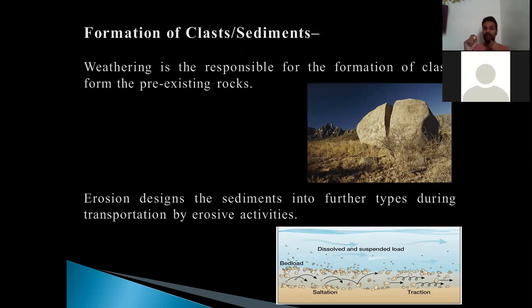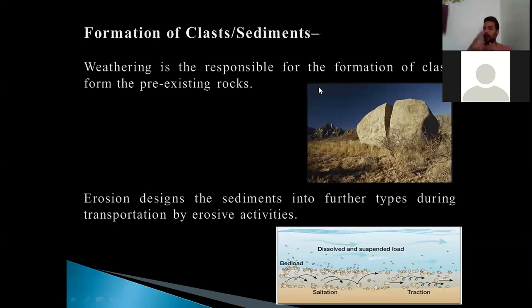It is the chief process responsible for the formation of clasts or sediments. They are formed by mechanical disintegration or chemical decomposition. Mechanical disintegration and chemical decomposition depend on the environment or the climate of that area.